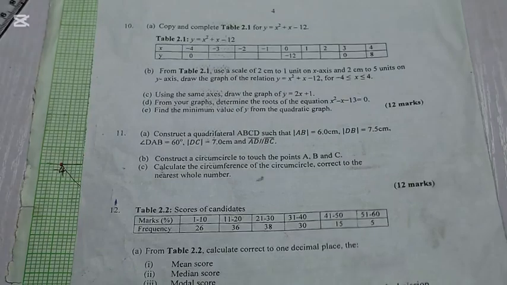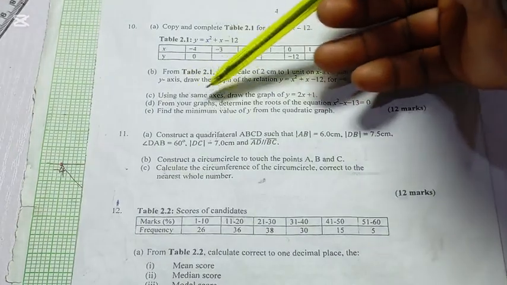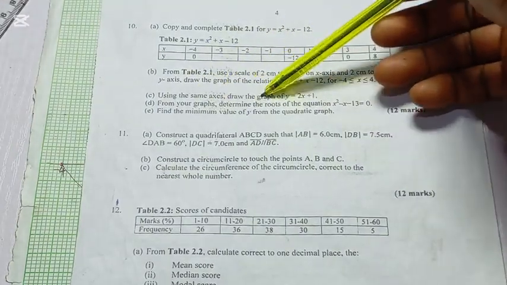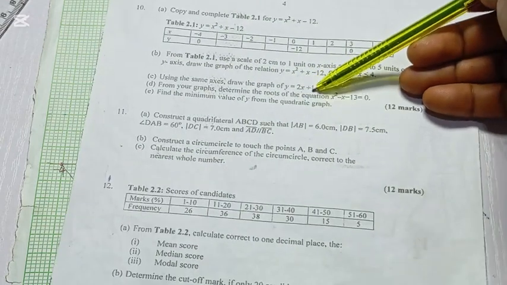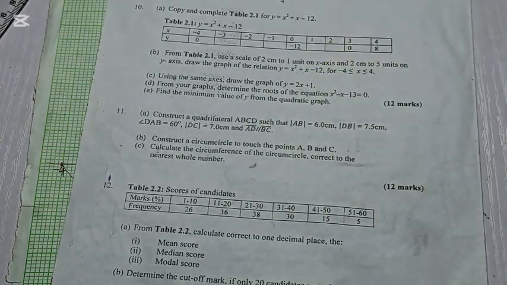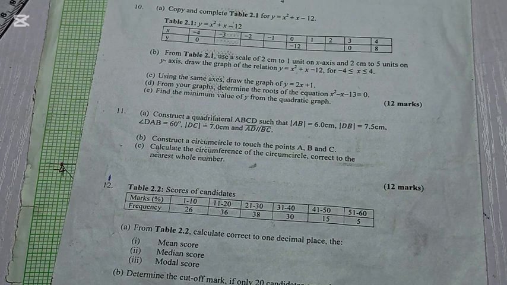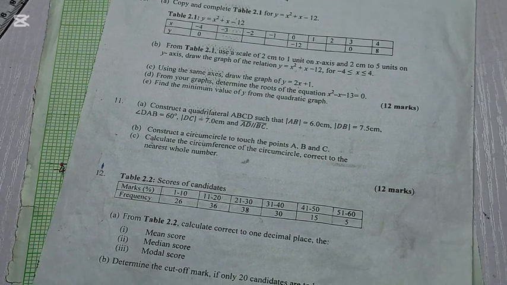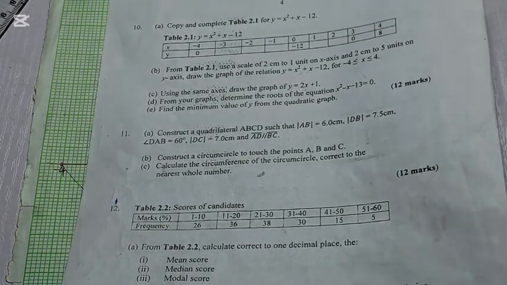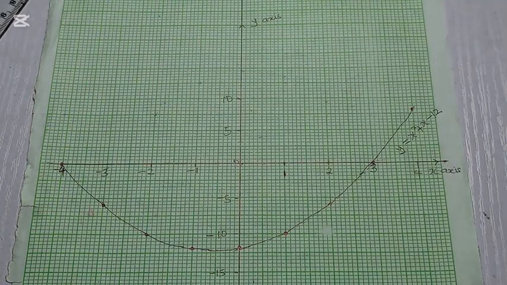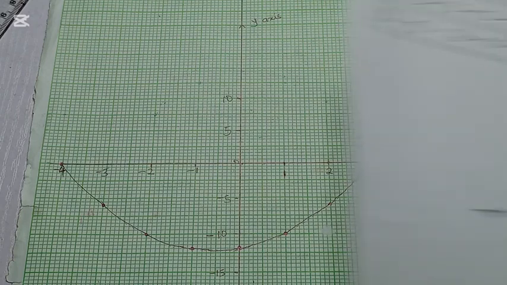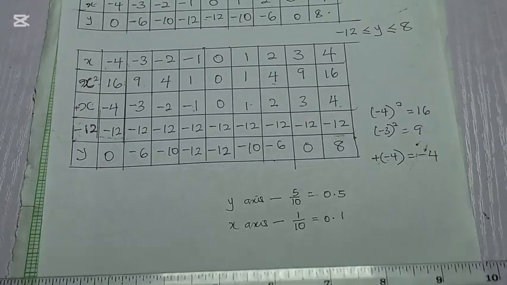Now the question says, using the same axis, draw the graph of y equals 2x plus 1. Now this is another graph, but we are to draw it on the same graph and using the same axis. That's exactly what we're going to do. So to have that done, it means I have to create another table.